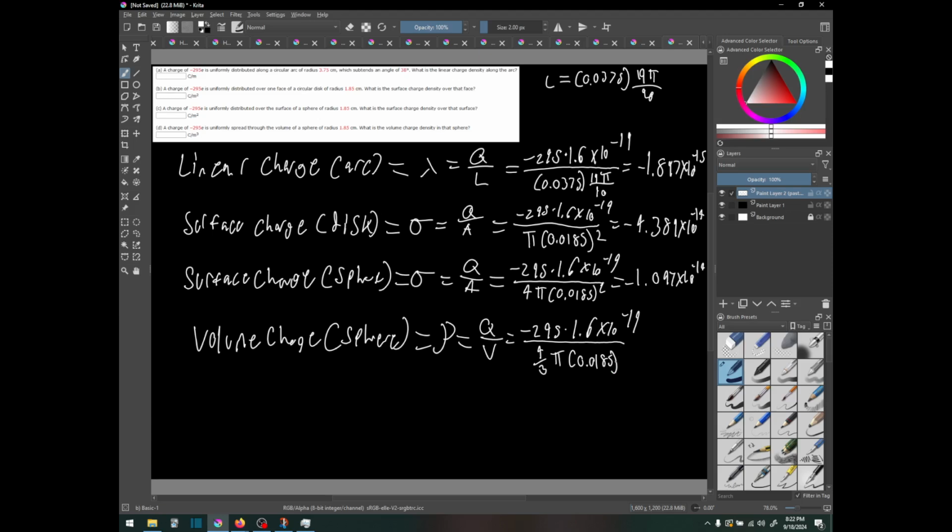Where's the squared? Oh my gosh. I take it all back. Is it cubed? I don't take it back, it's cubed. Sorry about that. I completely forgot. Let's see the answer. Sorry, these are all negative. Negative 1.77 times 10 to the negative 12th. And those are all the answers.